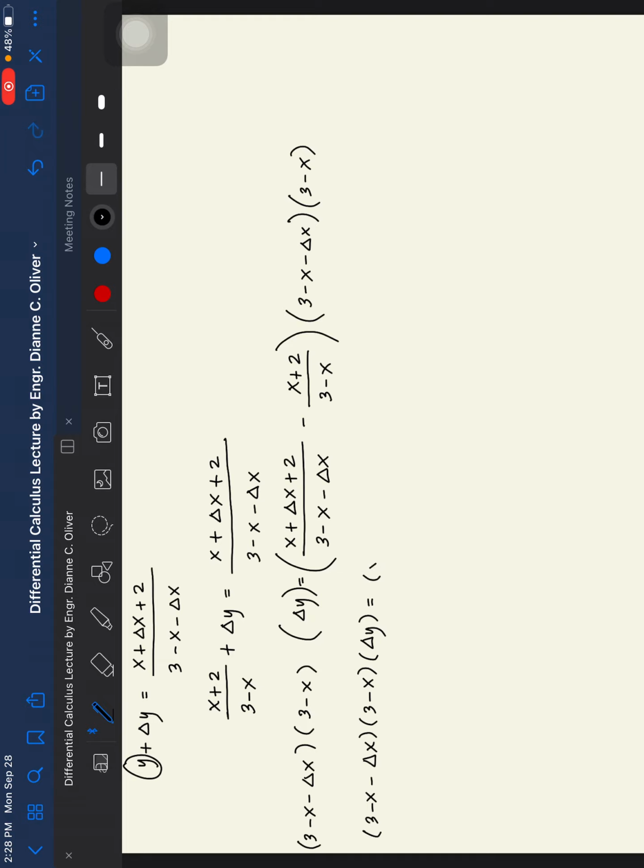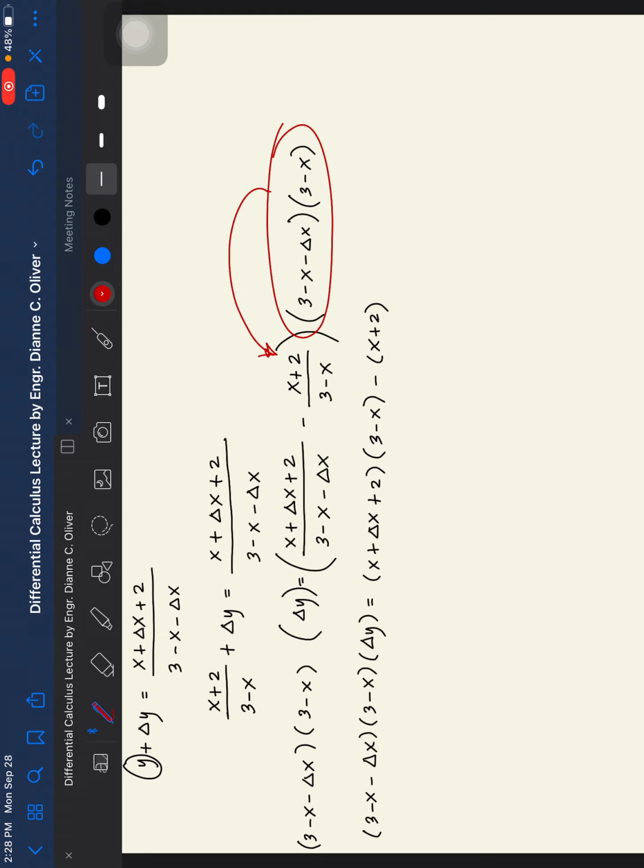So we have x plus delta x plus 2 multiplied with 3 minus x, minus x plus 2 multiplied with what?